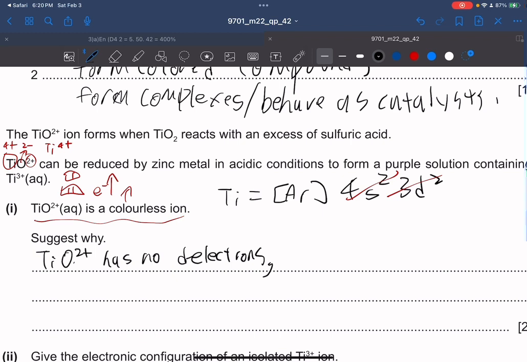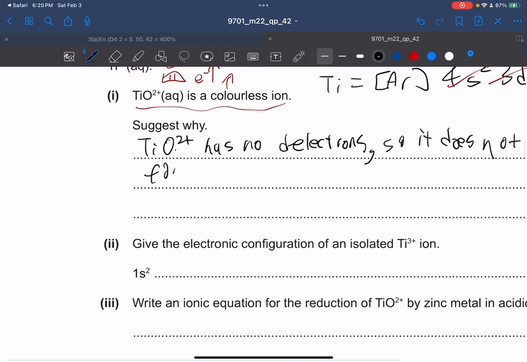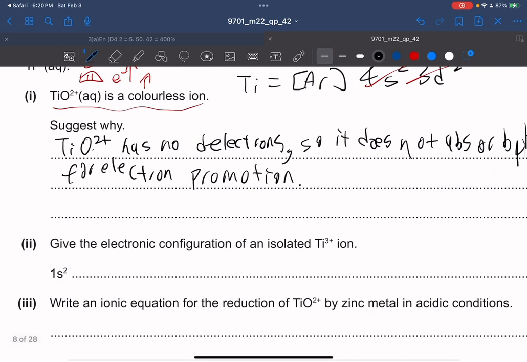So it does not absorb photons for electron promotion. So no wavelength of light is absorbed.